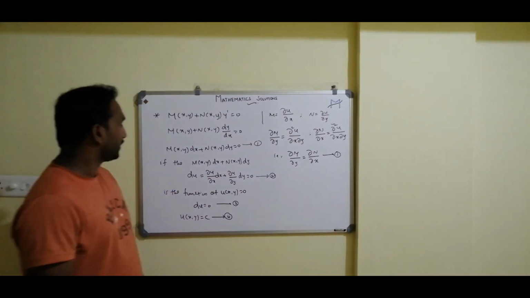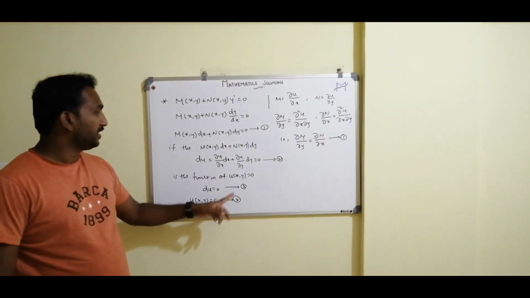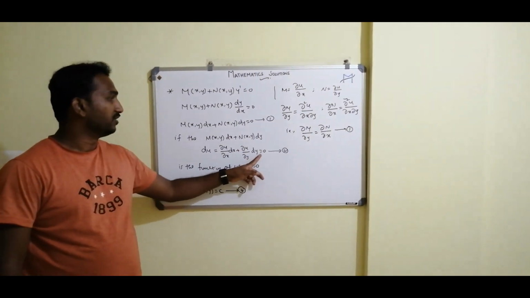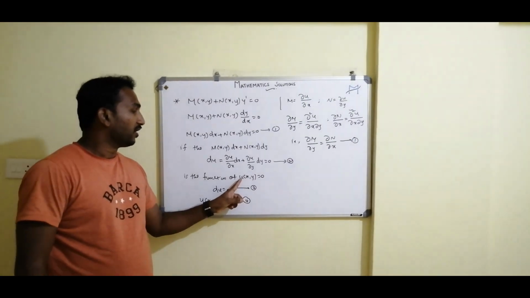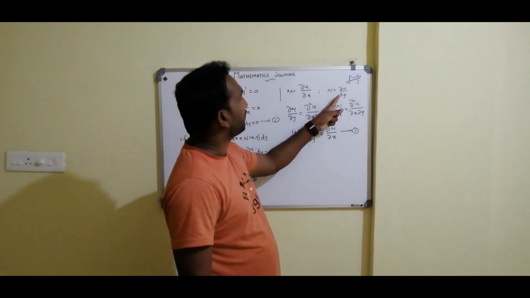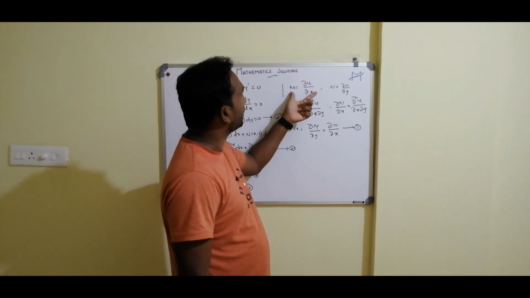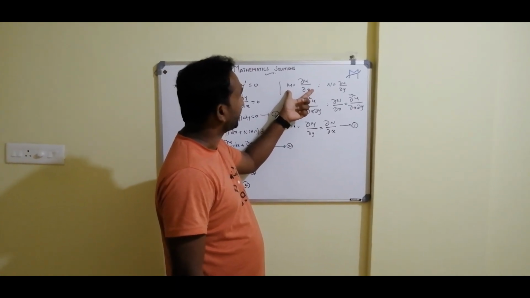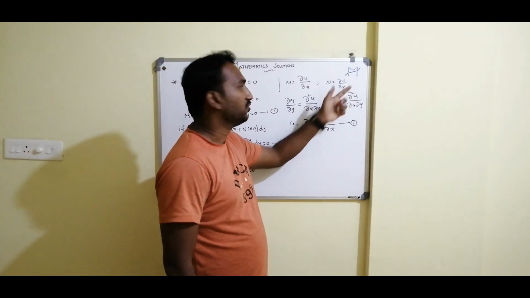Now we already know that the expression ∂u/∂x dx + ∂u/∂y dy = 0 is the function u(x, y). Now we need to find the u value. From these two values, we can find u by integration.